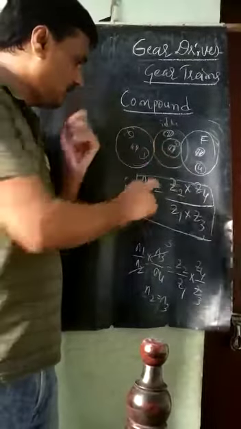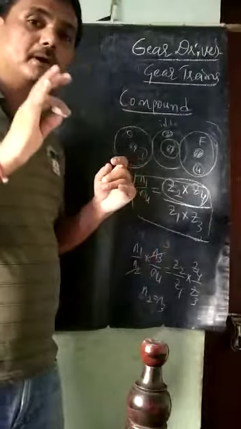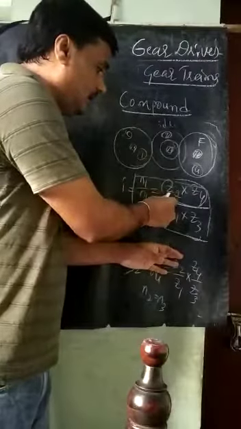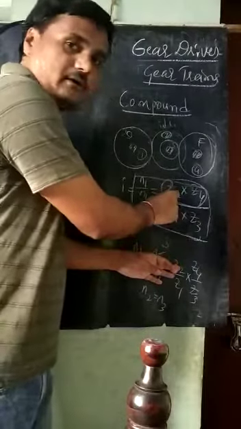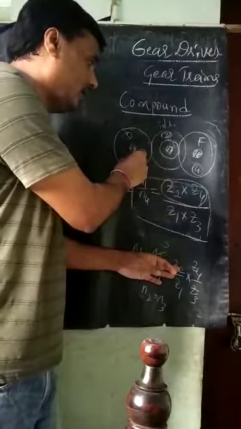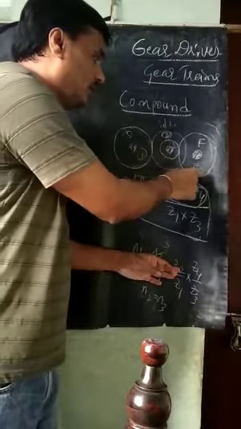That means what is this here now? This is the product of the number of teeth on the followers. Z2 is the follower of 1, and Z4 is the follower of 3.